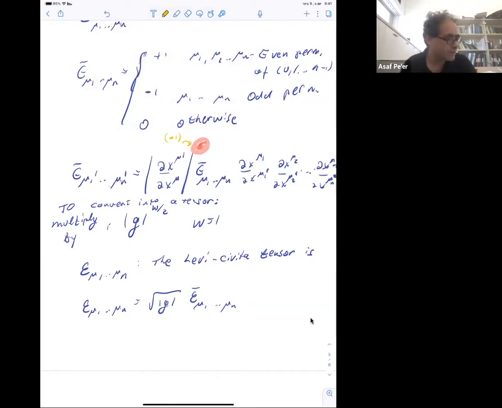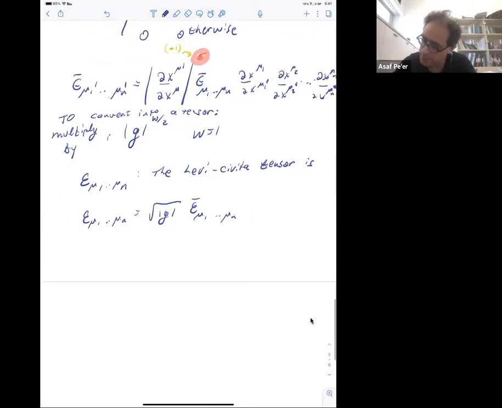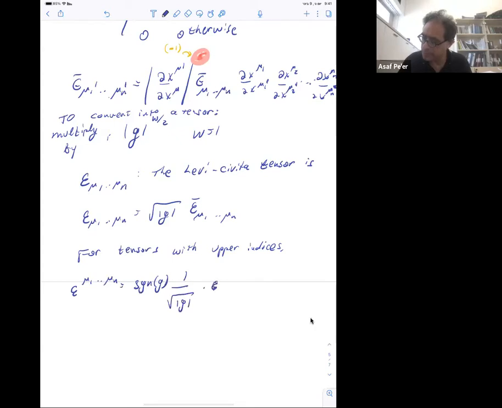So this is related to the tensor with the upper indices. So for tensors with upper indices, we have to write epsilon mu1 mu-n, which is just the sign of g, times 1 over square root of g times epsilon mu1 mu-n. So you're going to get an extra factor of -1 essentially.